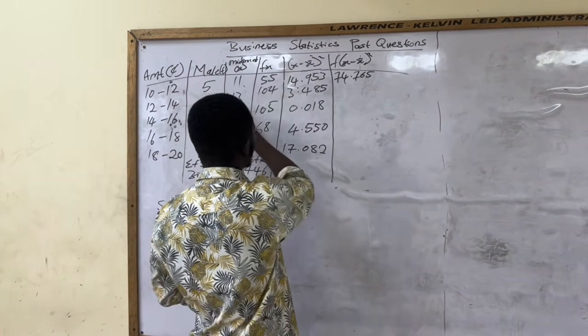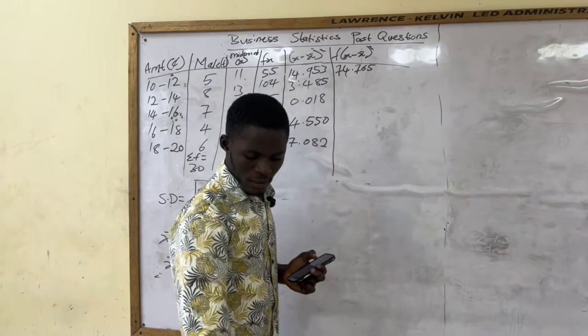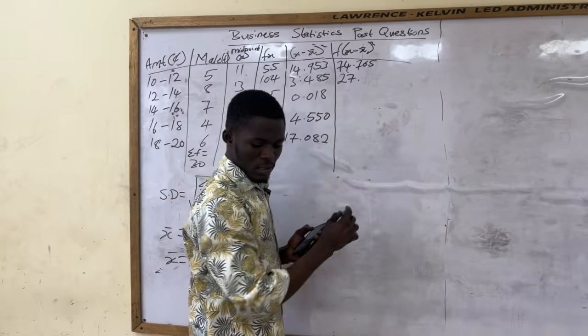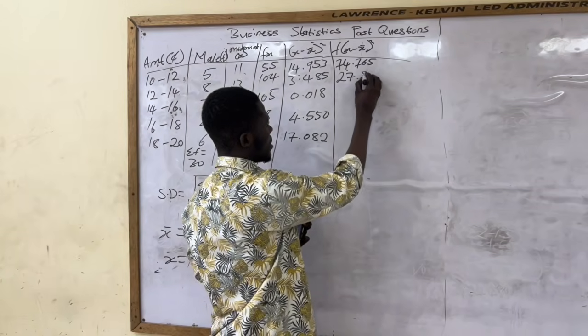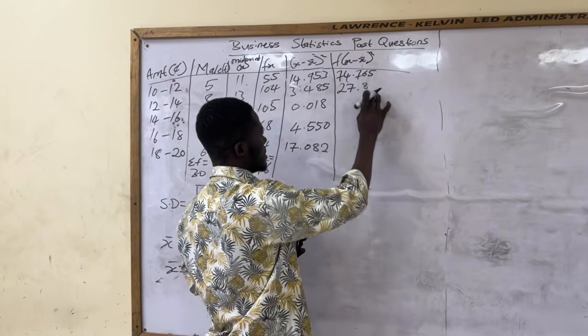Then 8 multiplied by 3.485, you get 27.88.